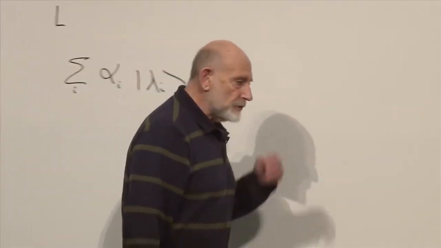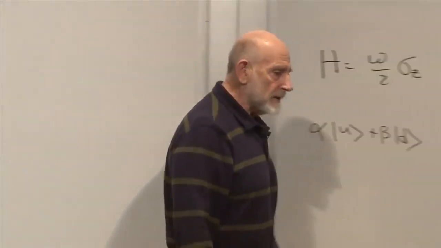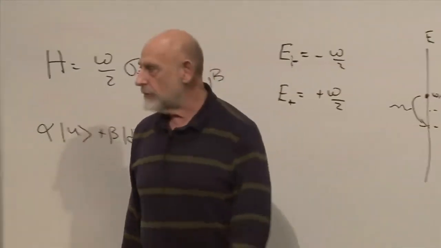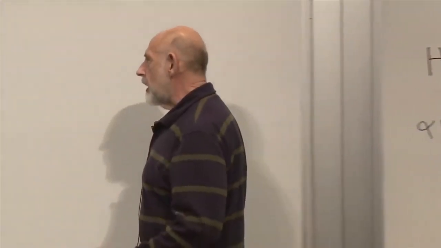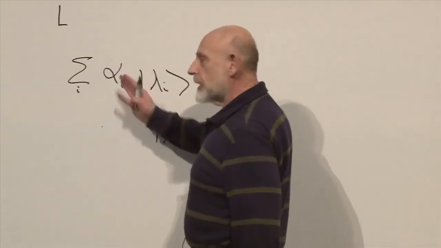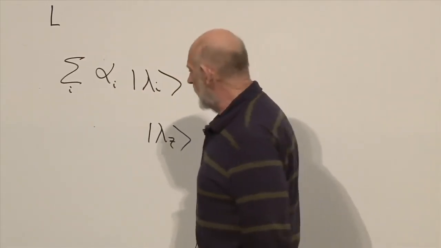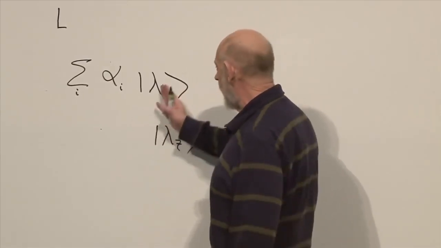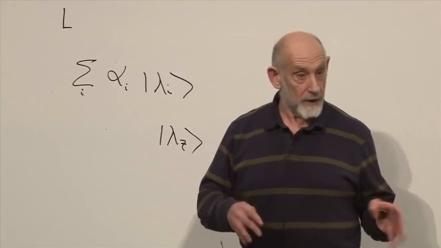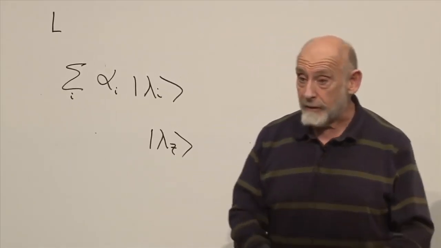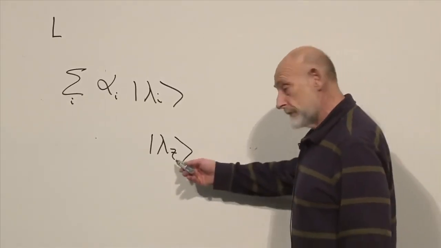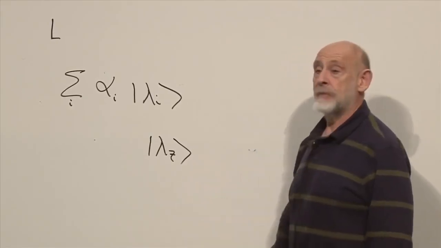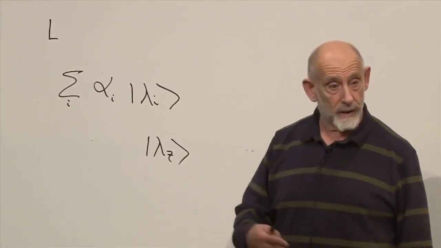The course of the operation of measurement is not governed by the Schrodinger equation for the system. It's governed by the nature of the measuring process. Okay? And it simply tells you that you'll come out with one of the eigenvalues as the measured value, and the state vector will be just one of these. Which one? Random, depending on the measurement.